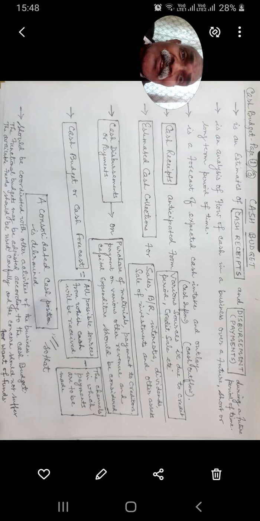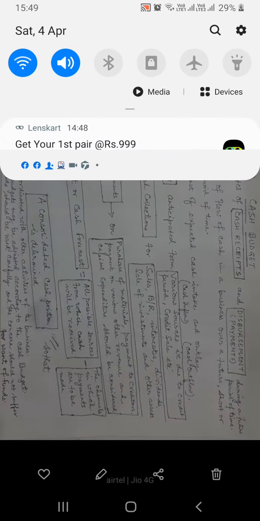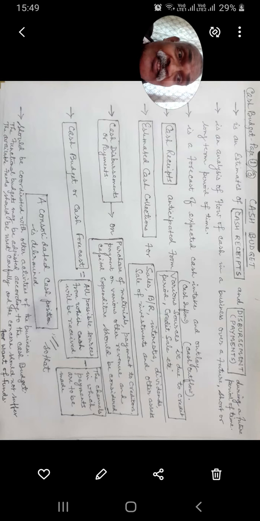So cash budget, or cash forecast, is all possible sources from which cash will be received, that you will get the cash. Maybe through cash sale, maybe trade sale, maybe you will receive cash in the form of interest, dividend, sale of assets, sale of investments.